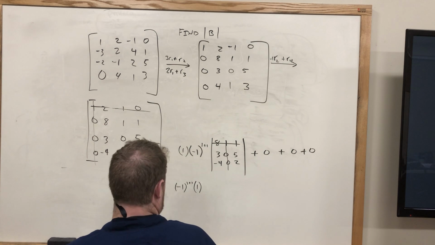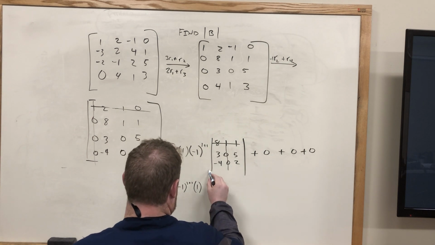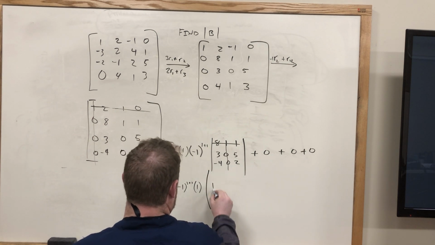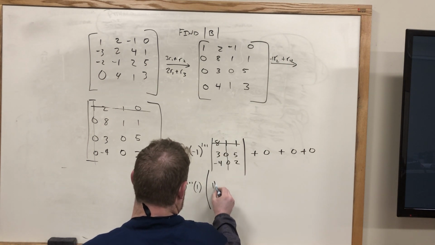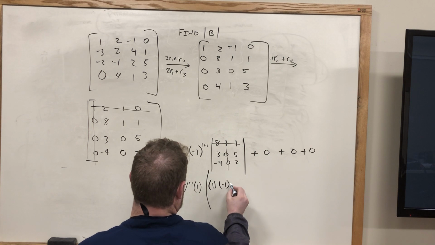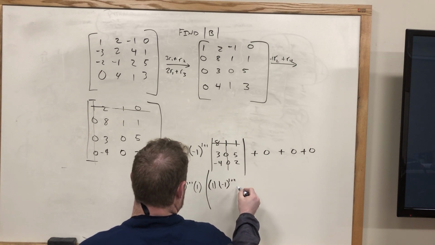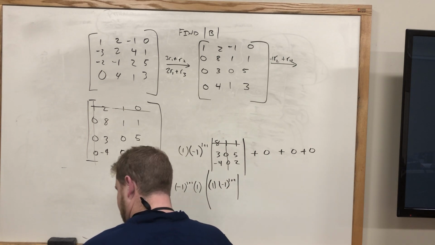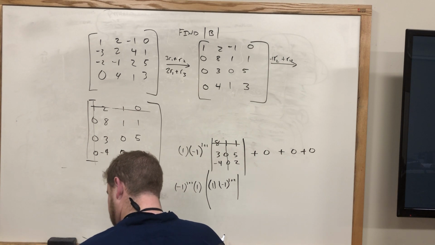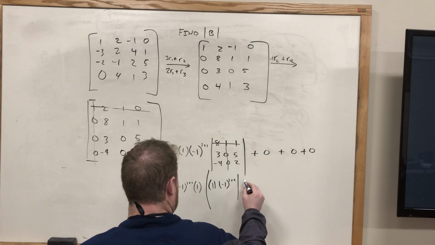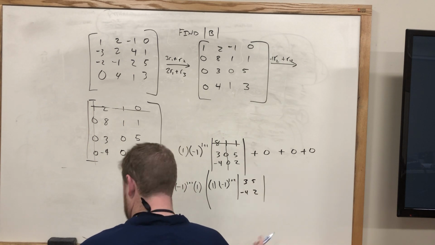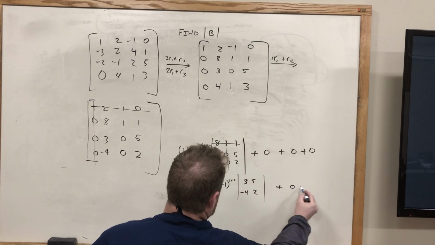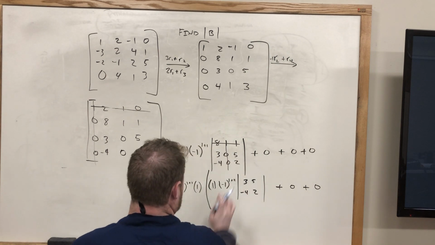So what am I left with? Okay, so it's going to be big parentheses 1, and then where is it? 1, 2, right? So it's going to be 1, negative 1, 1 plus 2, right? And what am I left with when I do that? 3, 5, negative 4, 2, plus 0, plus 0, because see, plus 0 and plus 0.